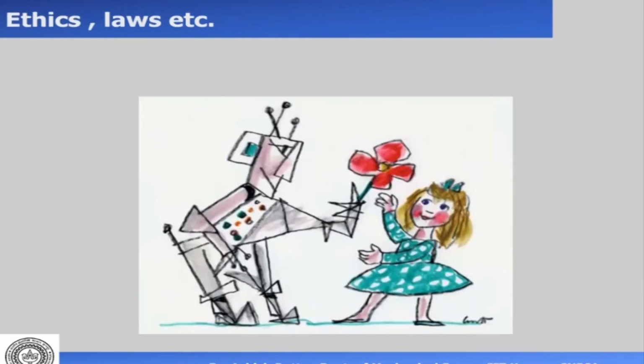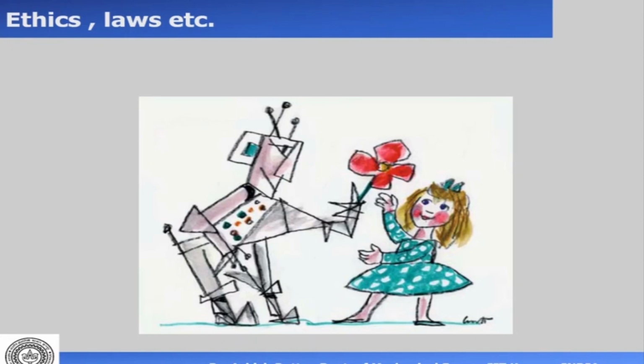Now, with all this has come the requirement of ethics and laws. So when there are robots which are living in society, what are the laws that should govern them? This is another area where people are now looking, and because of which robotics is not only limited to people in engineering or computer science, but all the other disciplines are getting involved: sociology, psychology, legal aspects.